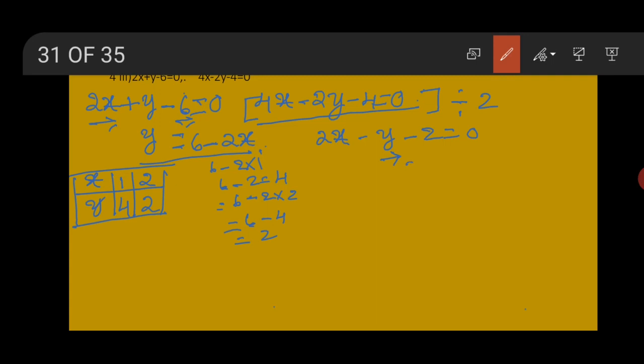Now we have to find the value of y. So y is equal to, carry y to the right hand side, then what is remaining on the left hand side? 2x minus 2. Okay, yes, prepare the value table.